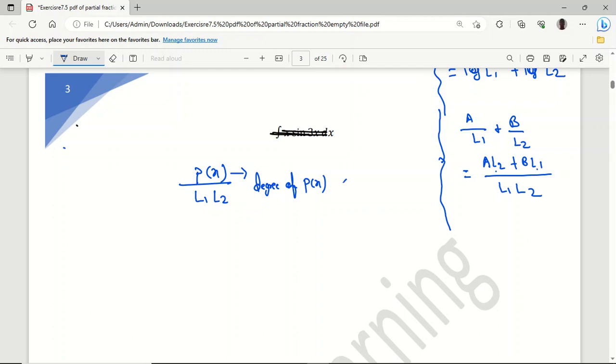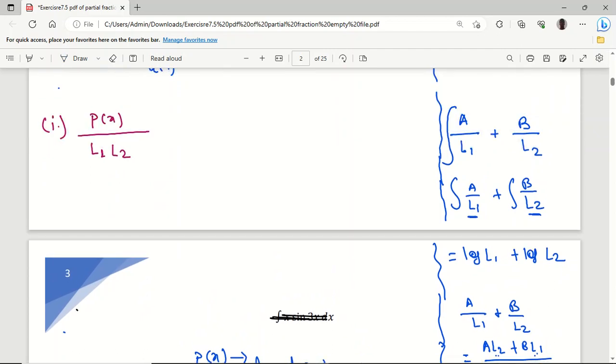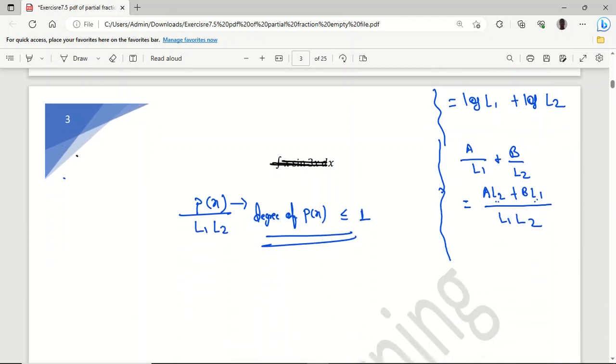The degree of Px will have to be smaller than or equal to 1, because L2 and L1 are linear, so in the numerator I will get a maximum degree of 1. So we can compare the numerators and get the coefficients a and b by comparing both sides. So it is very good that we can break this form into a upon L1 plus b upon L2. I hope you understand it.